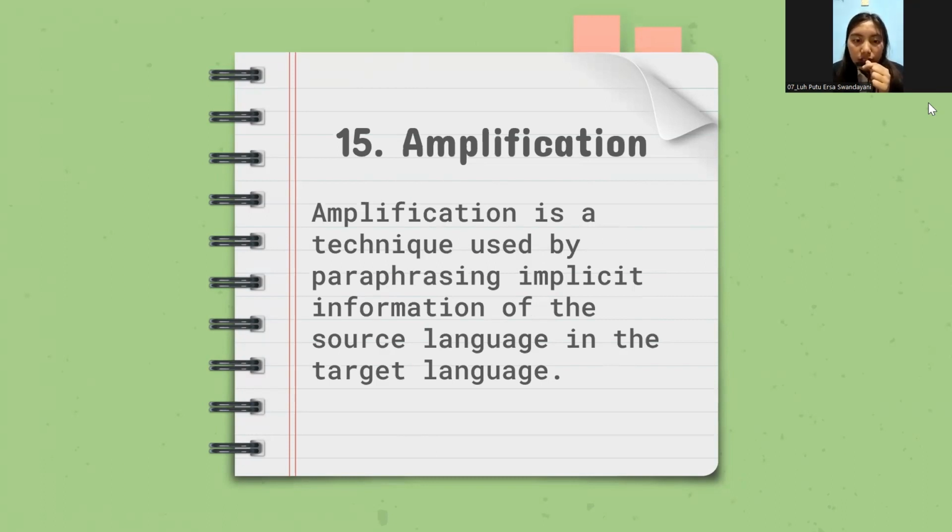So, to translate this type of phrases, the translator needs to add notes to represent the contextual meaning of the phrase so that the reader can understand the target text easily. The notes can be put on footnotes or endnotes. Next slide, please.